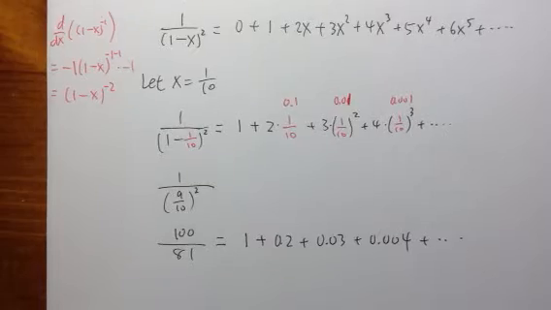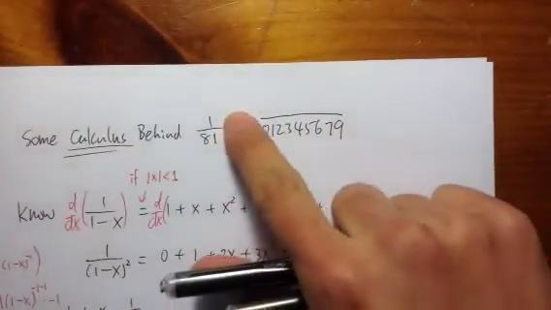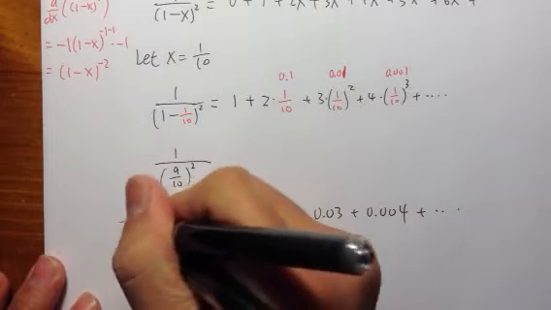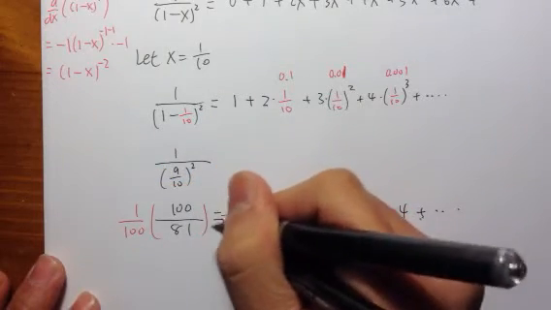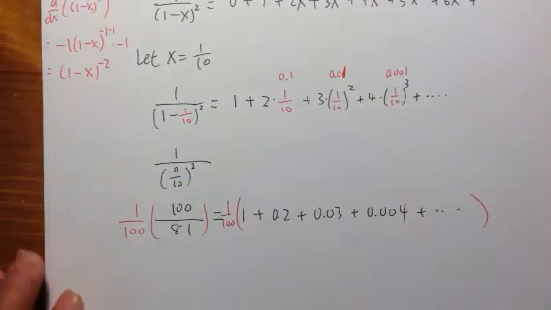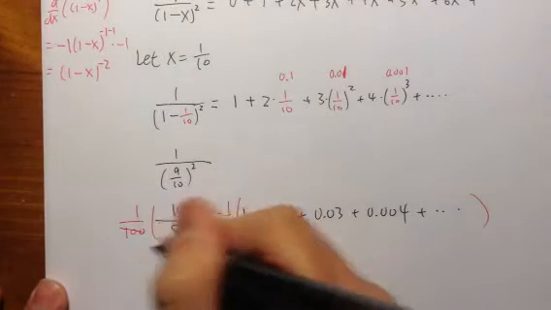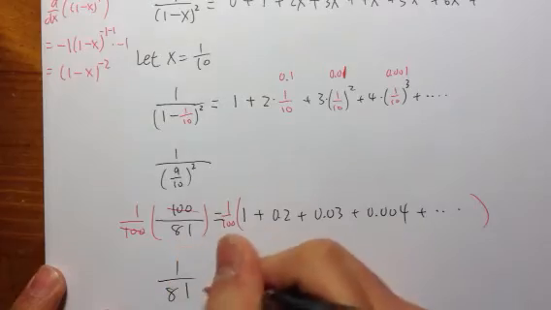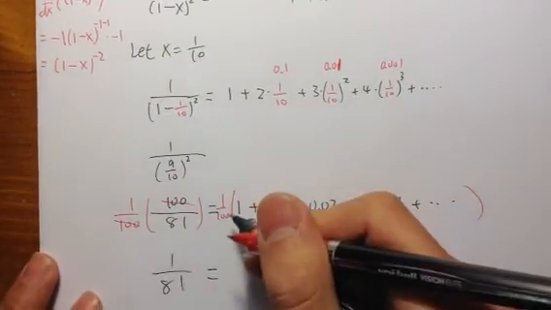Okay. And then what I'm going to do next is, because I want to talk about 1 over 81, right? I have 100 on the top, so I'm going to multiply both sides by 1 over 100. So the hundreds cancel out, and I have 1 over 81 equals 1 over 100.